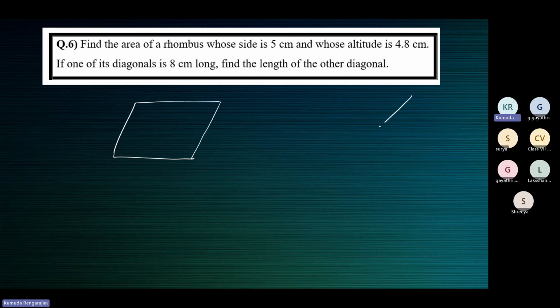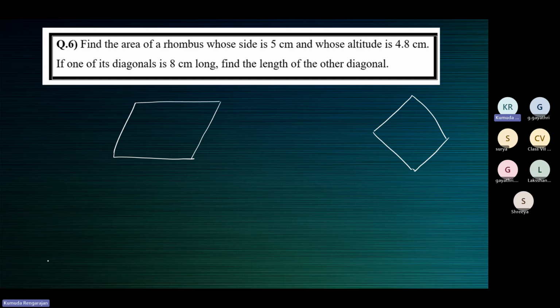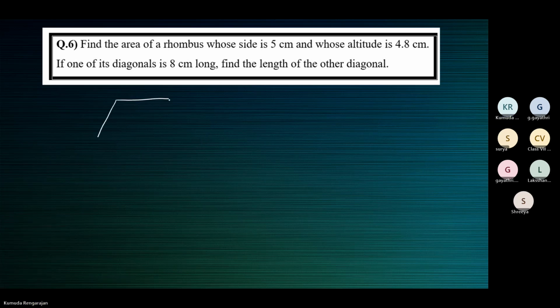See, normally when it's a rhombus, we tend to draw like this, correct? Fine, that's correct. But when you're given the base and height, it's more convenient to draw it like this. You're given the side and altitude. That means base and height. So let me draw it like this.